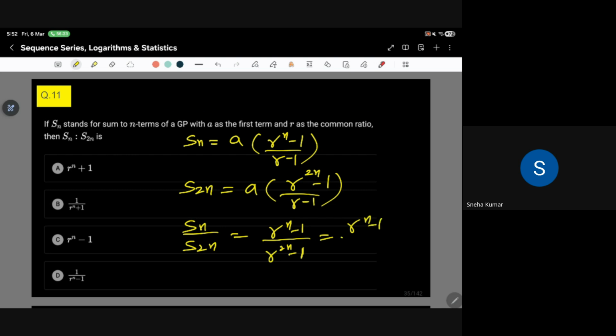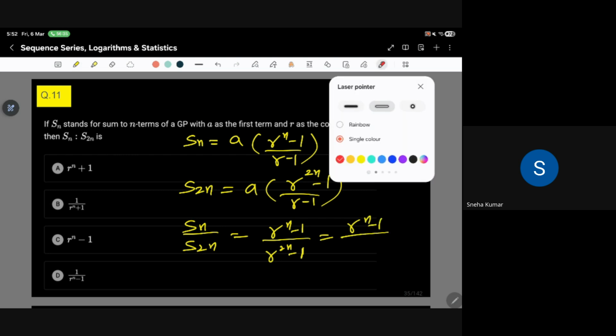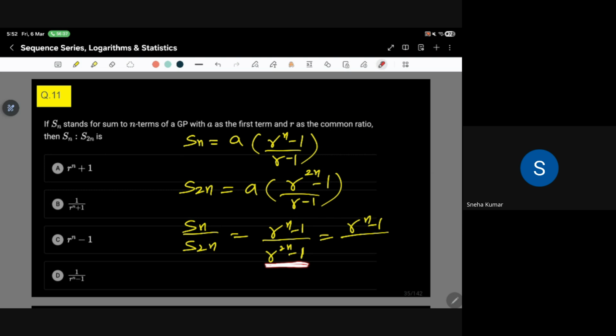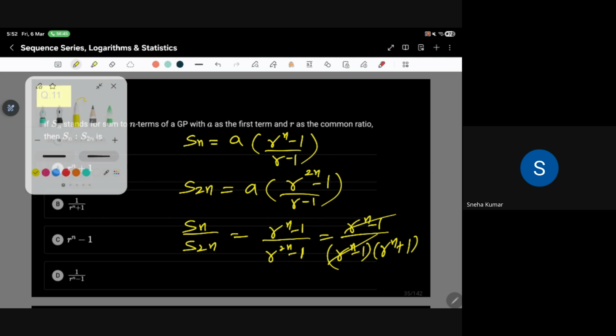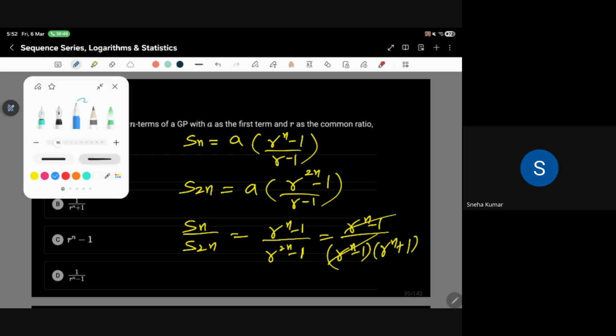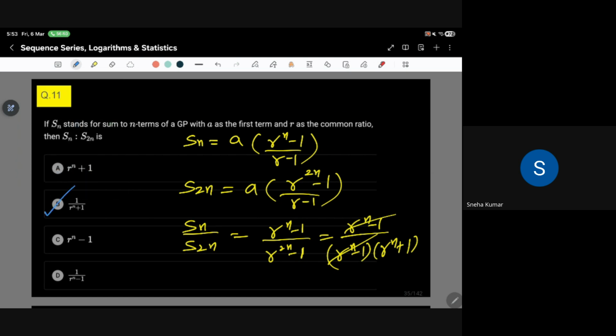The numerator we cannot factorize, but the denominator is a square minus b square, so you can write it like this. This got cancelled out. So 1 upon 1 plus r to the power n. Yes, any doubt in this manipulation?